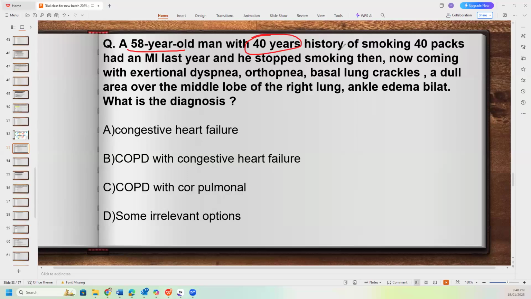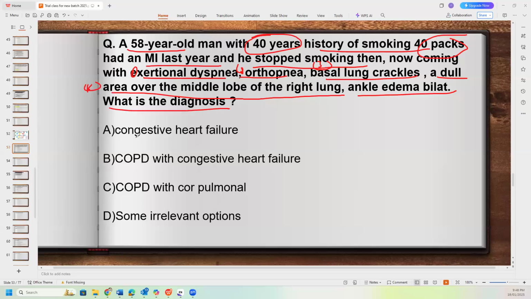58-year-old man, 40 years of smoking, and how much? 40 packs per day. He had a myocardial infarction last year and he stopped smoking then. He's now coming with exertional dyspnea, orthopnea, basal lung crackles, a dull area over the middle lobe of the right lung, and ankle edema bilaterally.